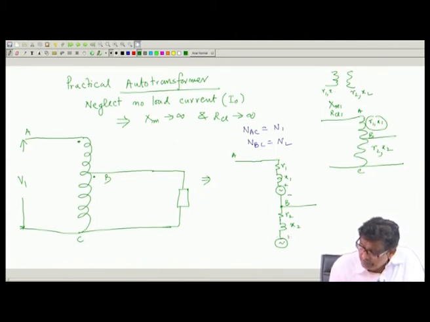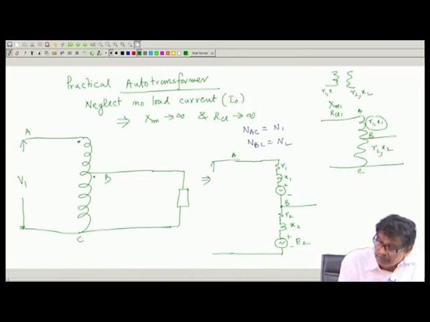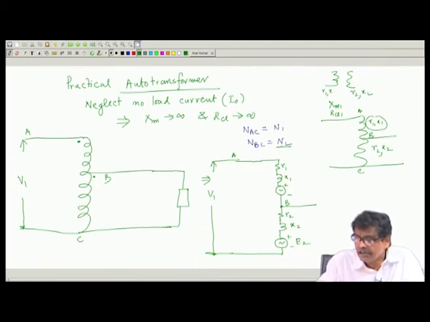This induced EMF I can write as E 2, no problem. Why? Because this is the voltage you have applied, the flux is the same. So, the voltage induced in N B C is N 2, so 4.44 A phi max N 2. So, this is the induced voltage I have drawn correctly. Okay.